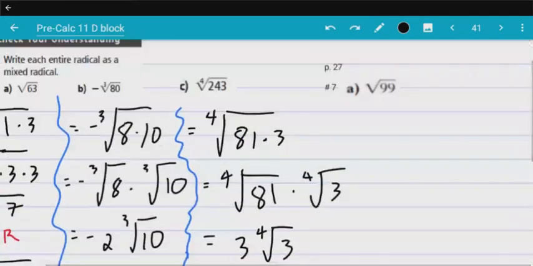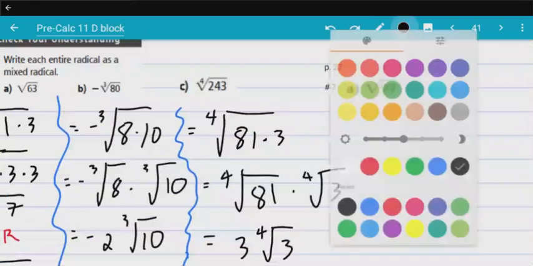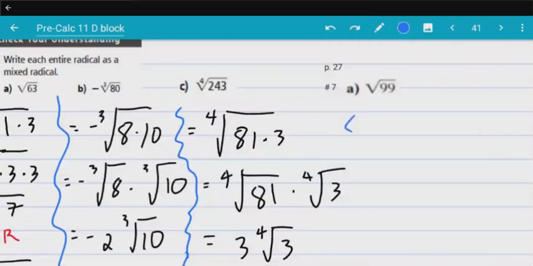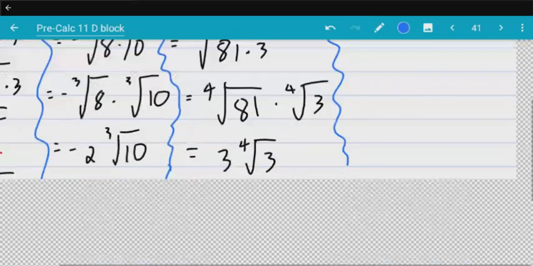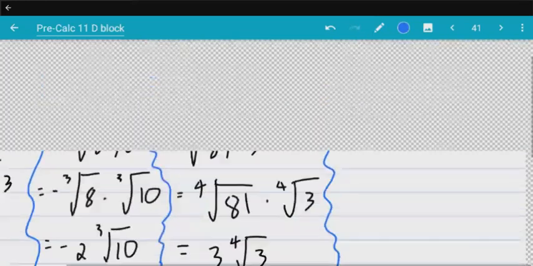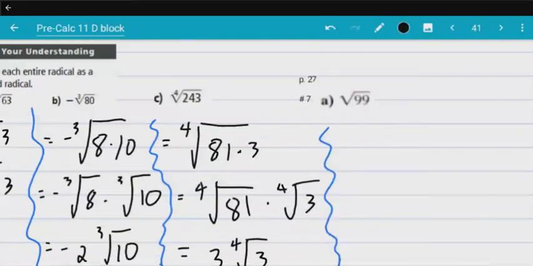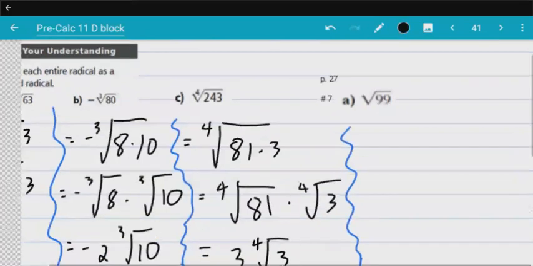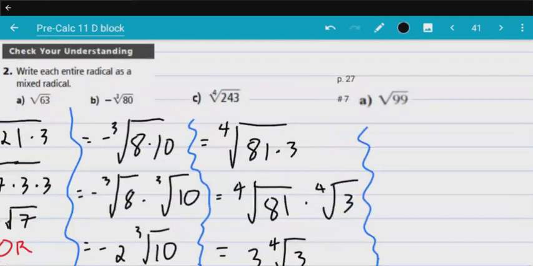All right. I'm doing an example in the homework section. Sort of a bonus question for you. Root of 99. Turn this entire radical into a mixed radical, meaning there's a number in front. See if you can simplify this into another radical wherein there's a number outside.